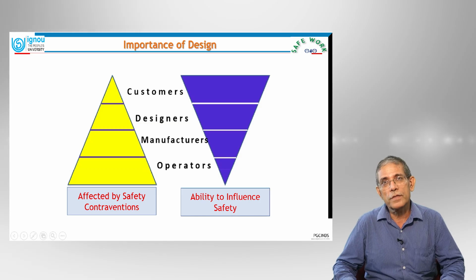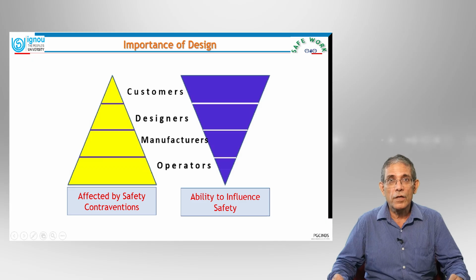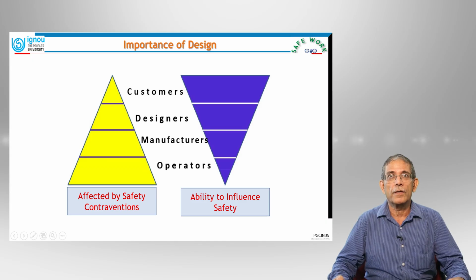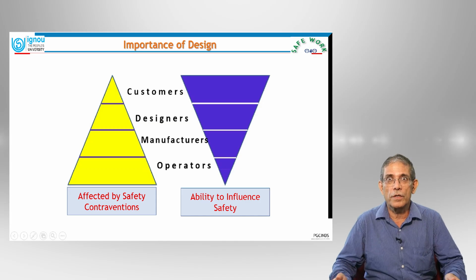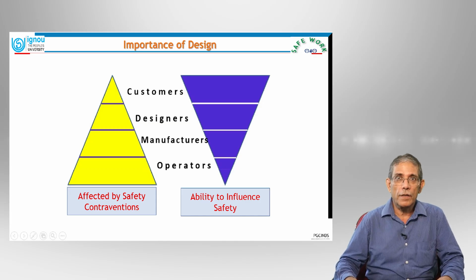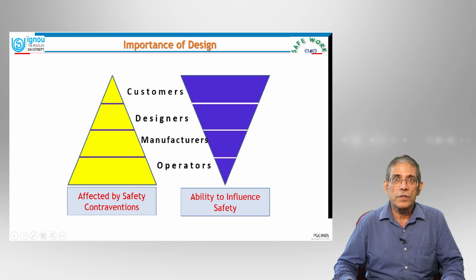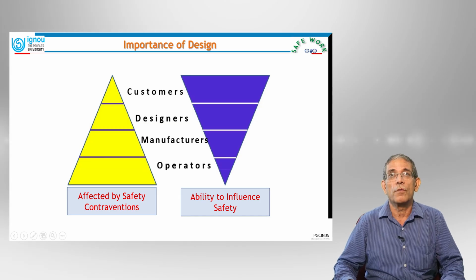He has to manufacture somehow with whatever design is there, and there will be more possibility that during manufacturing more accidents may happen. At the same time he will not be able to change the design. He cannot influence the safety. Whatever safety has been given by the designer, he will be working with that safety.